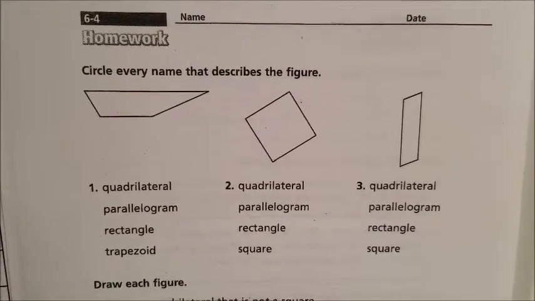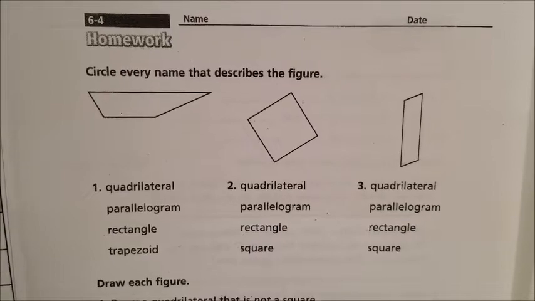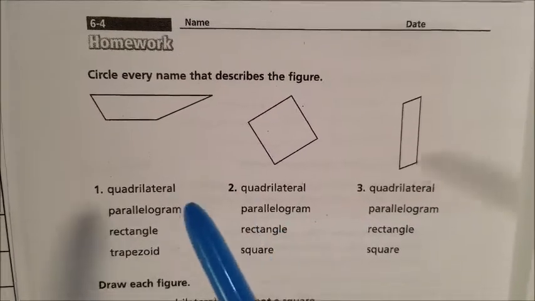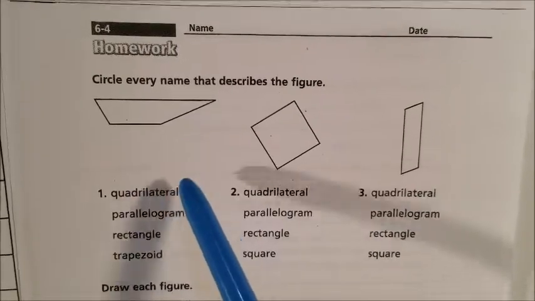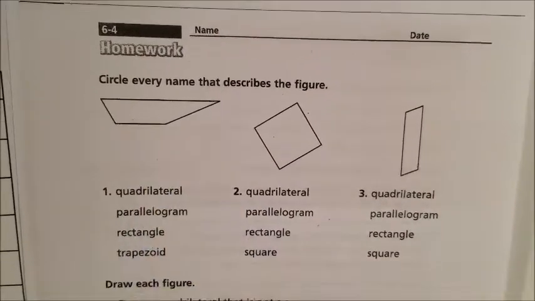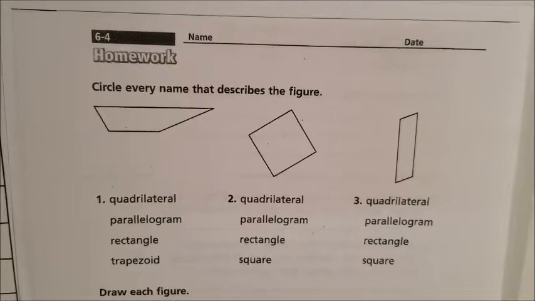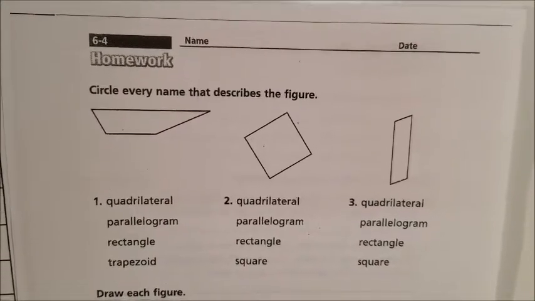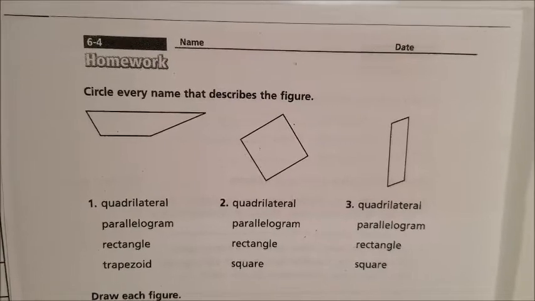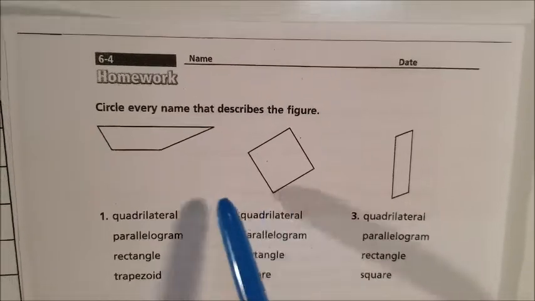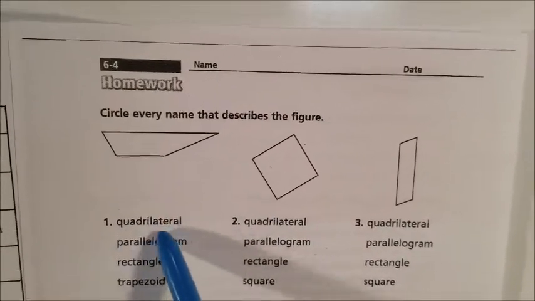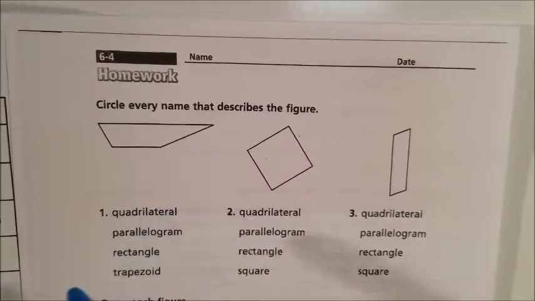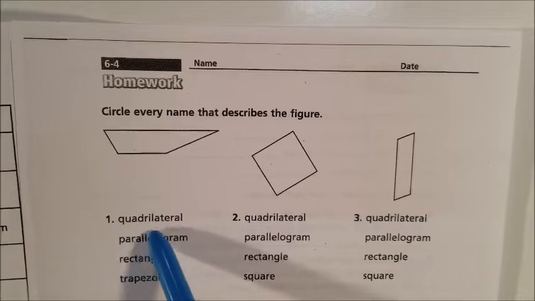So in other words, does the definition of a quadrilateral meet this picture? We know it does, because a quadrilateral is a polygon with 4 sides. That's all it has to have, 4 sides. Quad means 4, lateral means sides. So we're going to give that one a circle.